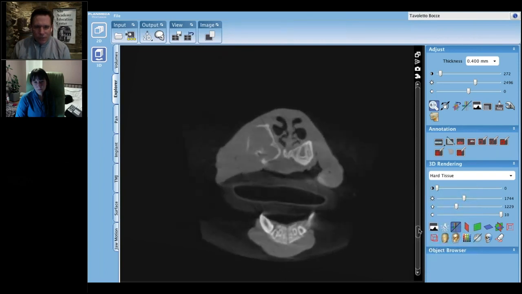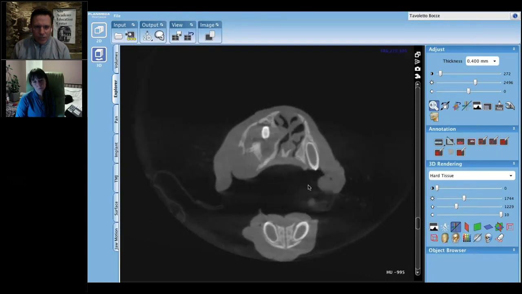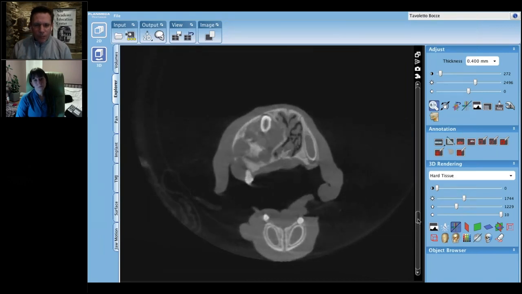We start to see a cystic structure with some mineralization, and as we go through, we start to see the unerupted canine tooth and then more mineralization that may have been the cause of the inability of this canine tooth to erupt. You can see what looks like the potential for an odontoma that might have been blocking the normal eruption of 104. And sure enough, that's what it ended up being in this case. But you can see how far dorsal the canine is. It's pretty much right underneath the bone of the dorsal nose.